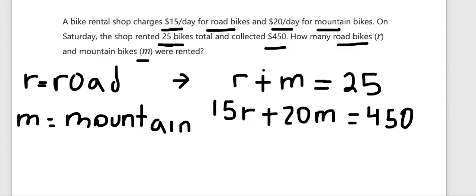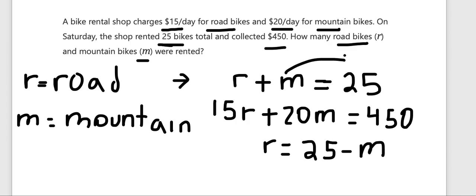If I solve for R, I'll get that R is equal to 25 minus M. All I did is move that M from here to over there. I do that by doing the opposite. If M is adding, to go over there, it has to be subtracting. So now I know that R is 25 minus M.